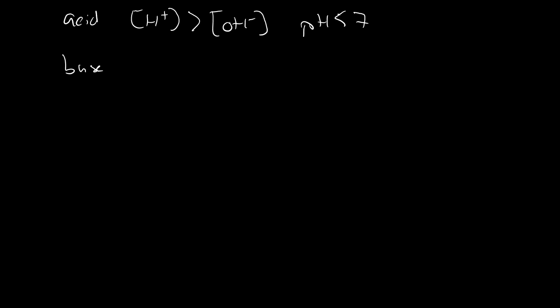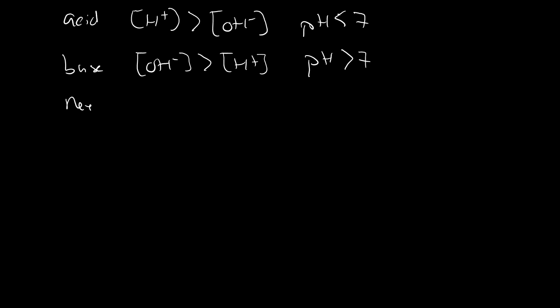So when you have water that's ionizing, if you have an acid, your hydrogen ion concentration is going to be greater than that of your hydroxide ion concentration, which means your pH is going to be less than 7. For a base, your hydroxide ion concentration is going to be greater than your hydrogen ion concentration, which means your pH is going to be greater than 7.